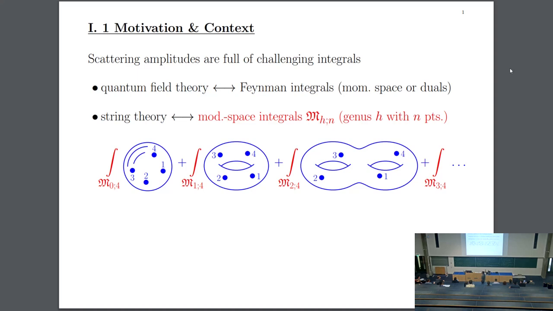Namely, by the perturbative expansion of string amplitudes in the coupling, the tree-level contribution is governed by integrations on a sphere. And as you go to H loops in string perturbation theory, then you have, almost by definition, a Riemann surface of genus H to deal with.